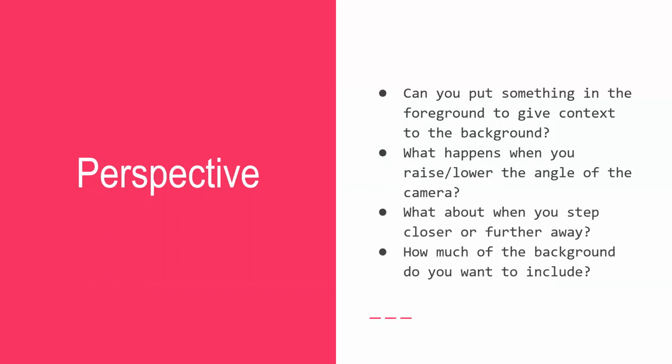Or food. I'm terrible at food pictures, so I'm constantly trying to practice. I'm not getting any better. Maybe I need to research a little bit, but yeah, all these different things to try when you're taking pictures.